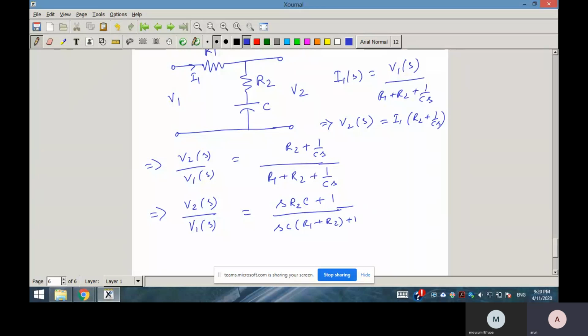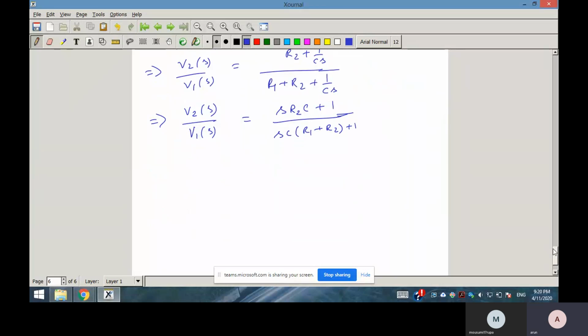So this you can write like this: if you take R2 C common, it will be S plus 1 by R2C.